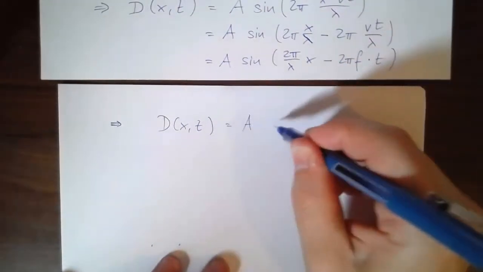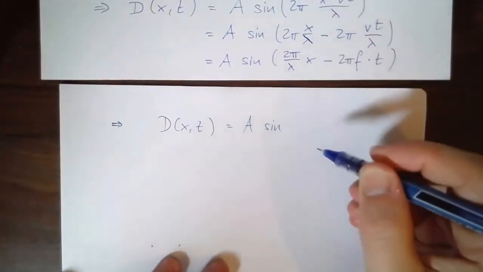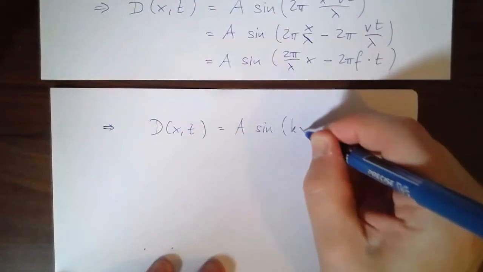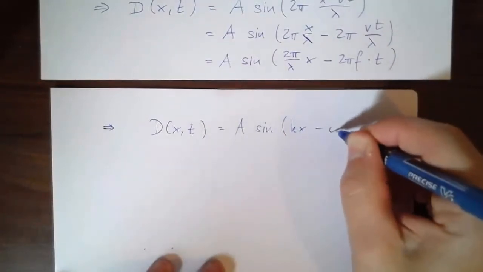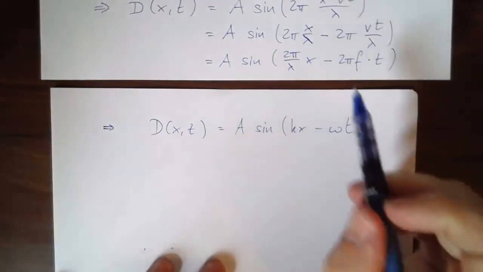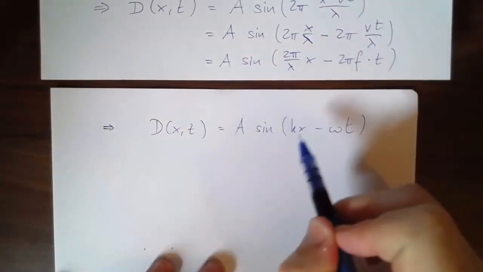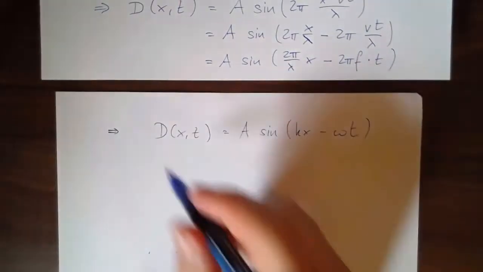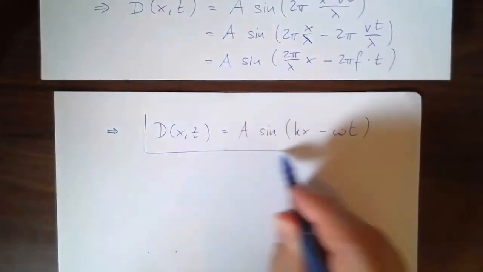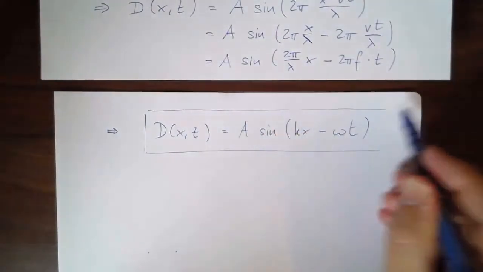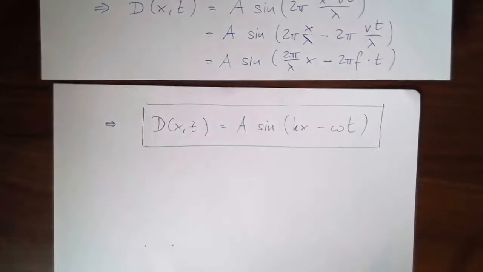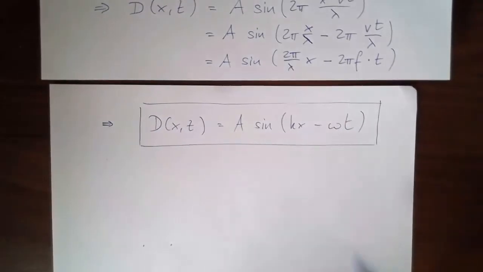And it's a sine of kx minus omega t. 2 pi f is omega, 2 pi over lambda is the wave number k. So this is the mathematical description of a moving wave, moving along a line.